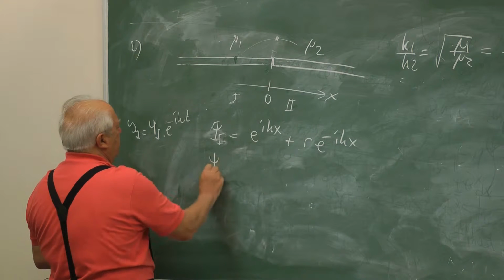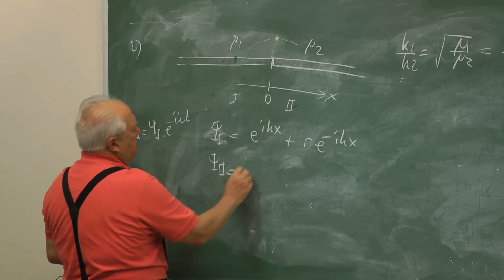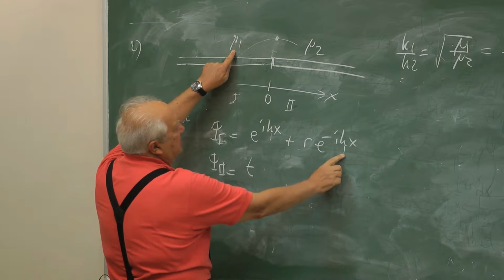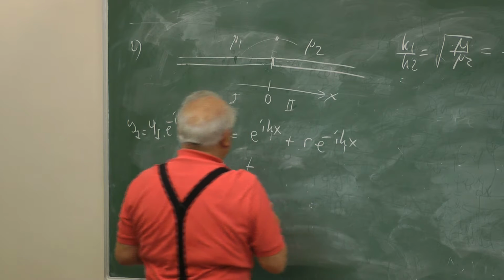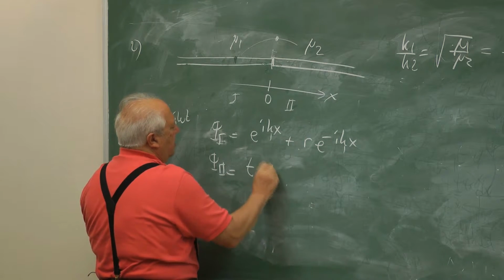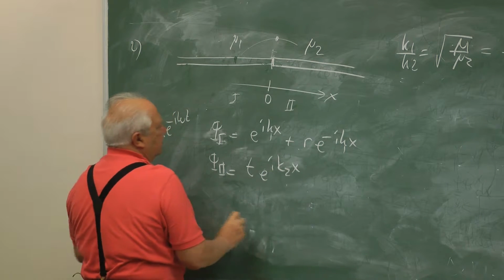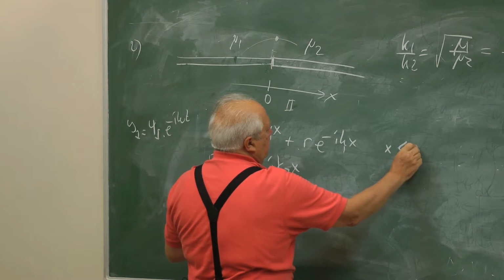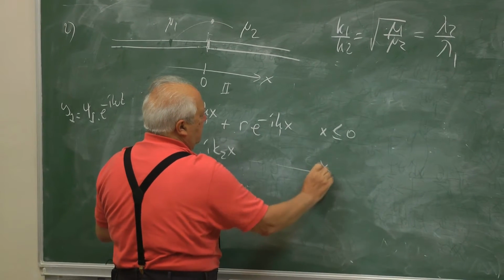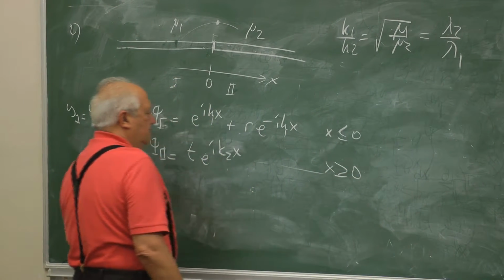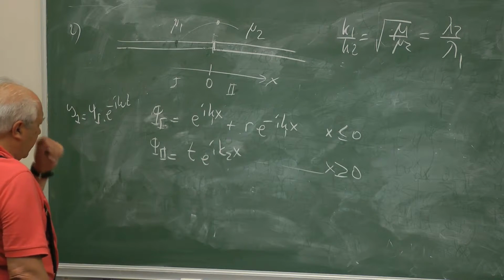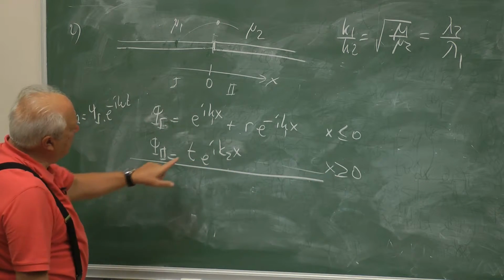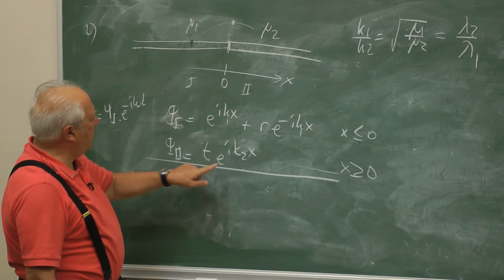And psi 2 is T e to the i k2 x. I am in region 2, x greater than 0. k1 and k2 are different. So this is for x greater than 0, and psi 1 is for x less than 0. So there are two unknowns in this problem. k1 and k2 are known.